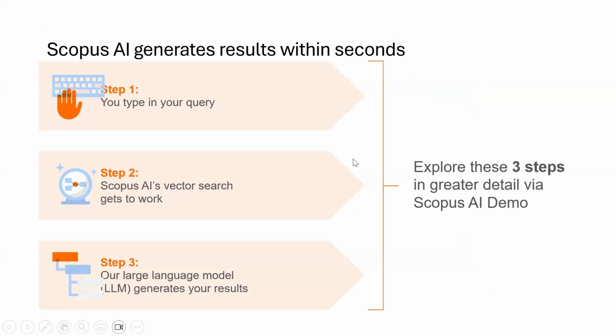Second, it actually uses vector search. So it uses an algorithm when it generates searches and results. And once we have those results, we apply a large language model to make sure that there are no hallucinations.